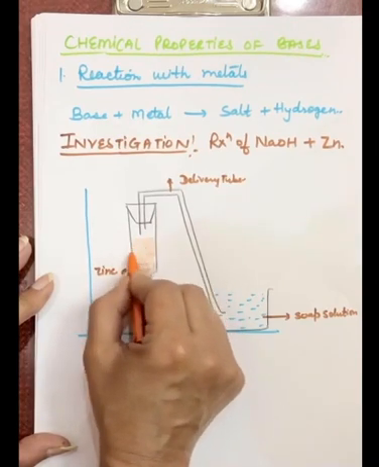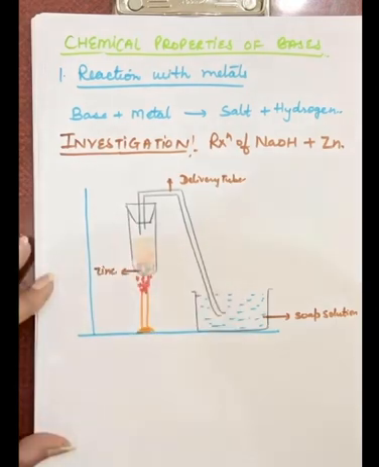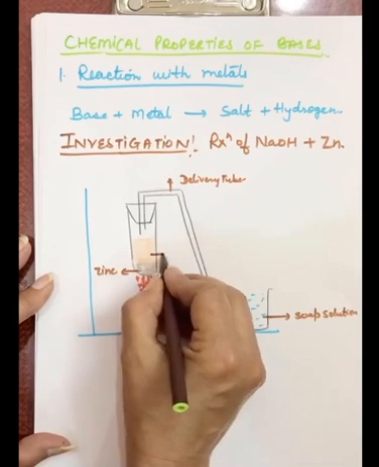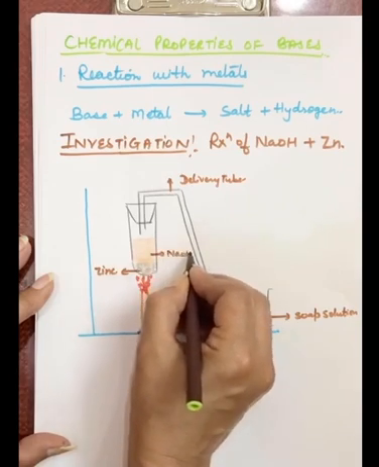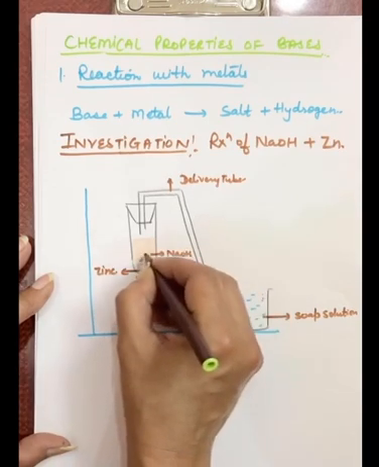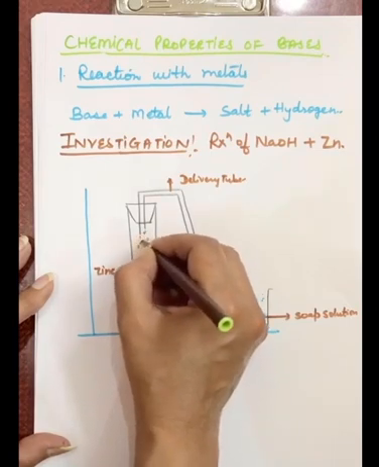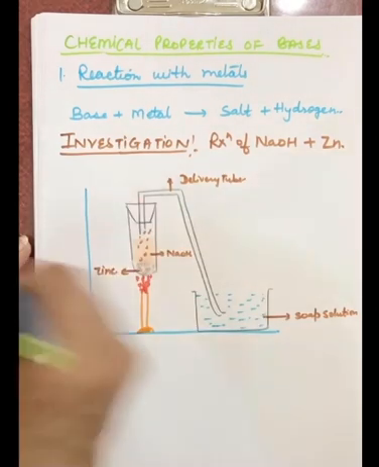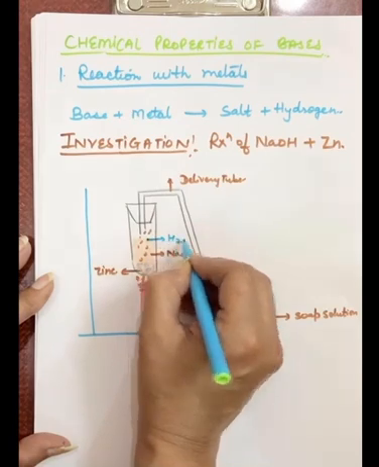Like in acid we had added HCl, in this case we are doing the chemical properties of bases. So we will take sodium hydroxide solution, and when the two react we'll see bubbles forming here. These bubbles are of hydrogen gas.